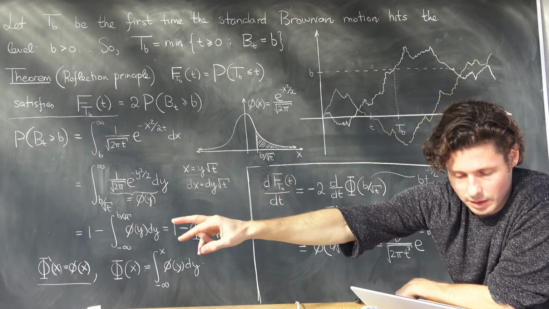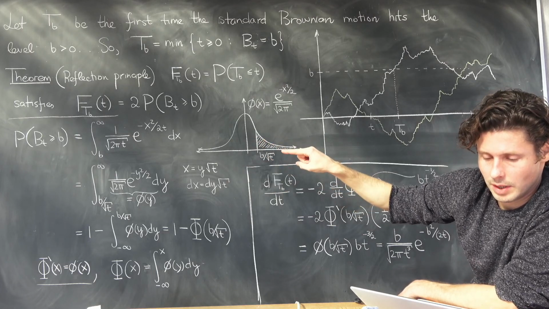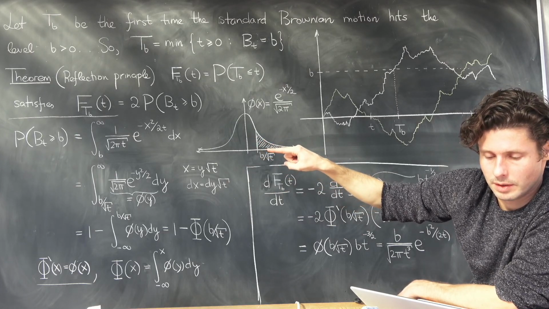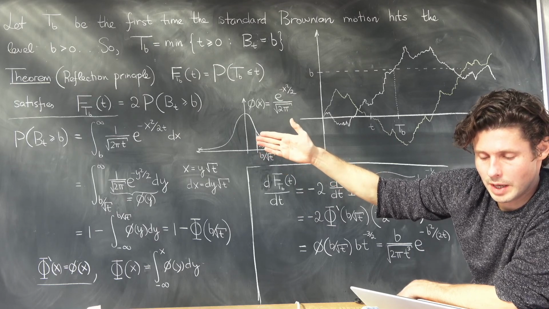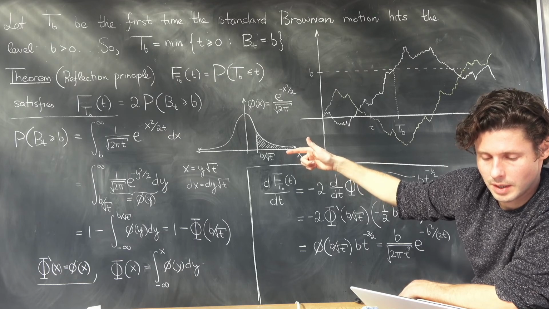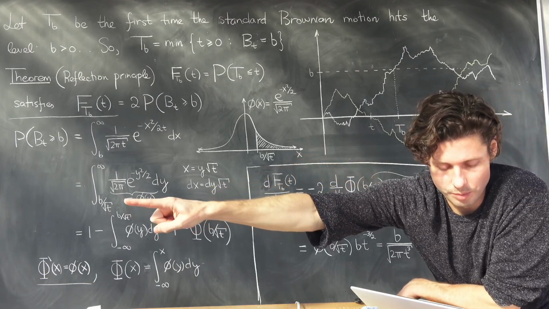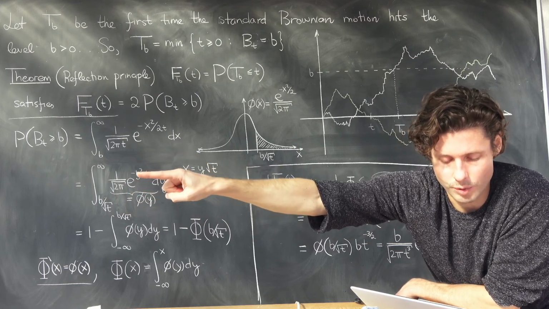I then can write it in terms of the normal density. So this integral, revisiting this calculation here, is computing the area under the curve past the point b over the square root of t. And notice that we've managed to get the t all the way out to the limit and removed it entirely from what's inside.